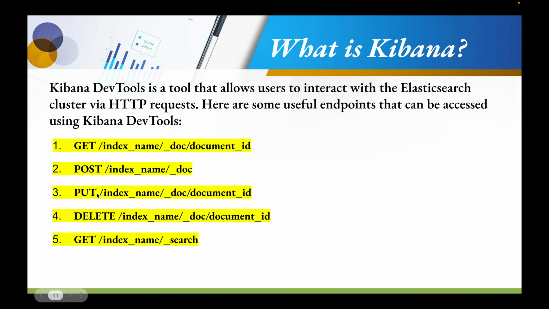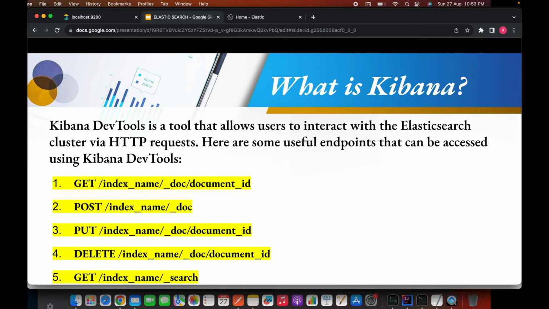PUT is to update or create a document, where you provide the index name, document and document ID. Similarly, if you would like to delete a document, you provide DELETE, the index name and the document ID. And to get a couple of documents, you provide GET, the index name and search. These are the endpoints you can use inside this Kibana dev tool.